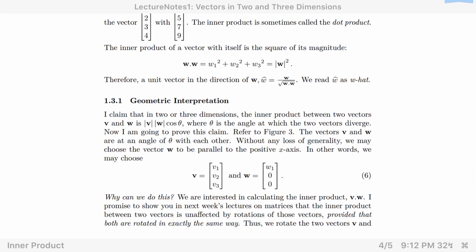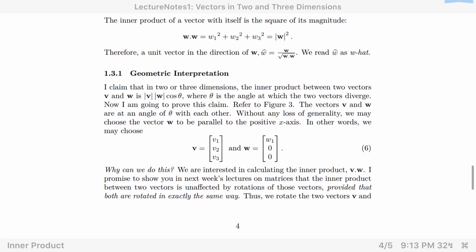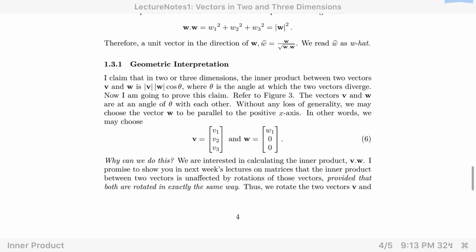Now, if you have a vector w and you want the unit vector in the direction of w, you would divide w by its own magnitude. But since the magnitude of w is the square root of w dot w, the unit vector in the w direction is w divided by the square root of w dot w. We call this w hat. We place a caret mark over w and we call it w hat.